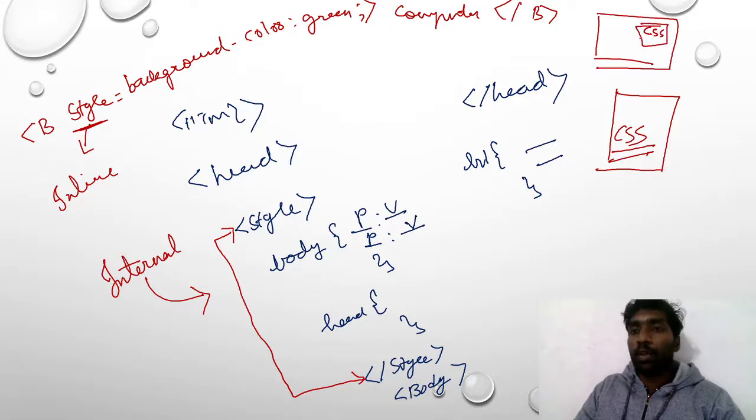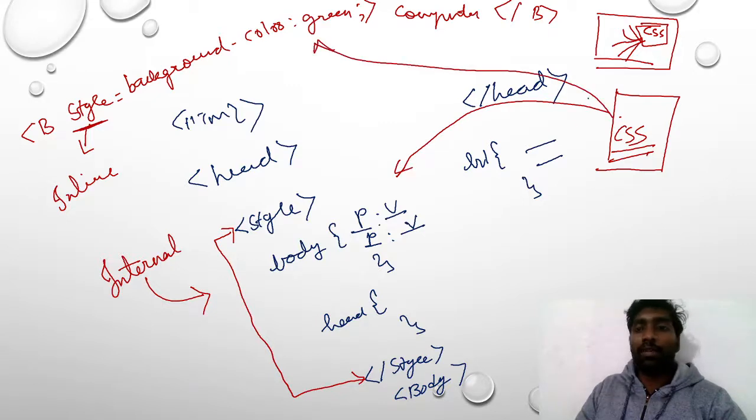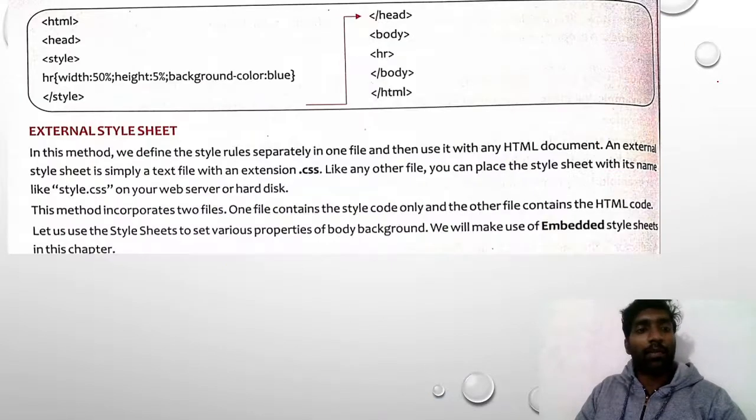This one file you can use for designing multiple documents, many HTML pages. CSS will not be inside the page or inline, but totally outside of the file. And we should save the CSS file with the .css extension.